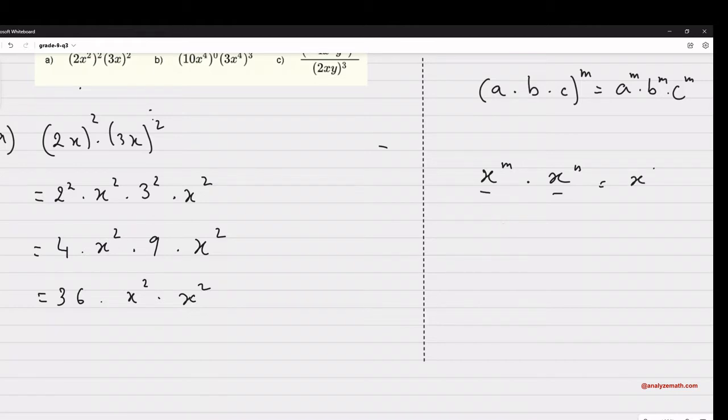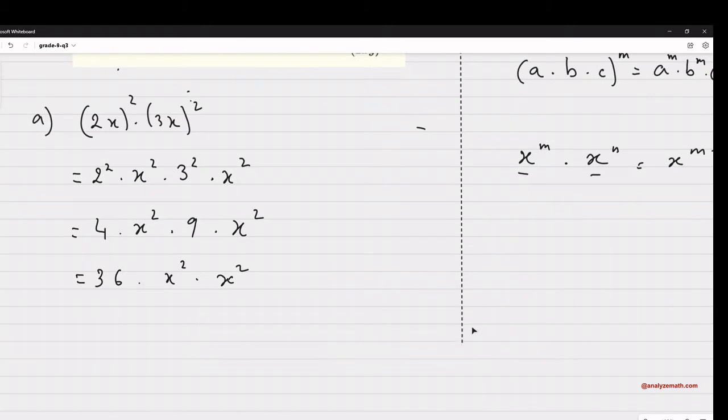You can just add the exponents. So I go back to here. 36 x to the power 2 times x to the power 2 will give me x to the power 2 plus 2, and finally that's 36x^4. This is the final expression simplified for part A.